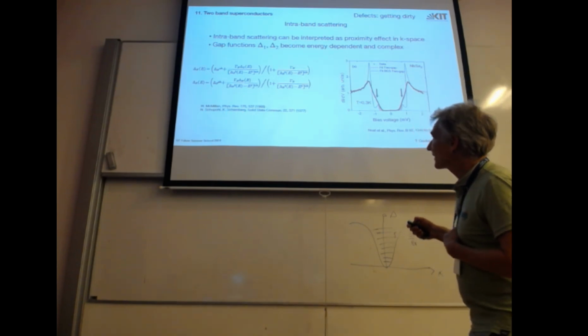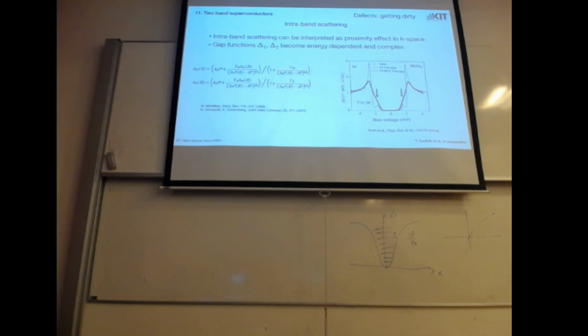Schopohl and Scharnberg solved this problem, McMillan also, and others. And the two bands become mixed. They have interband scattering, and also intraband scattering. If I have a defect, like a mirror, I come with a state, scatter to another state, staying on the same band, but I can also scatter to another band.